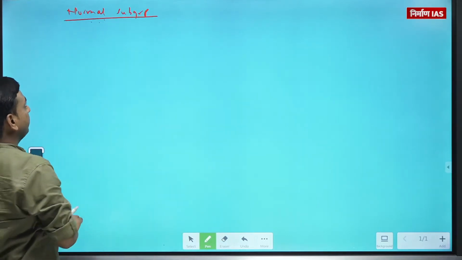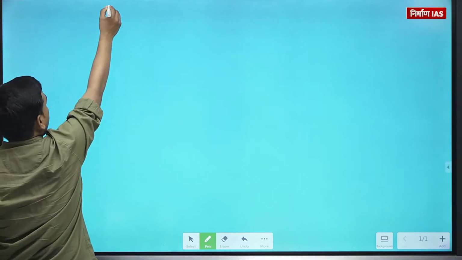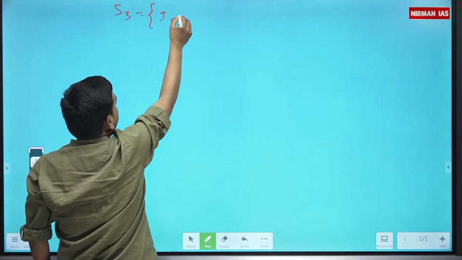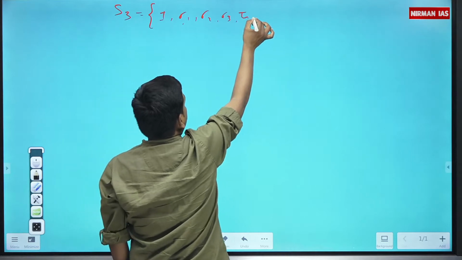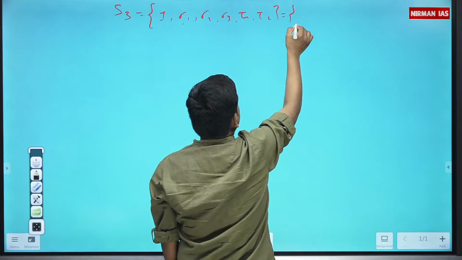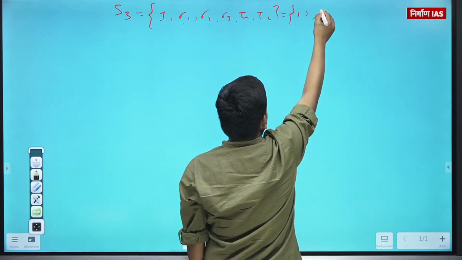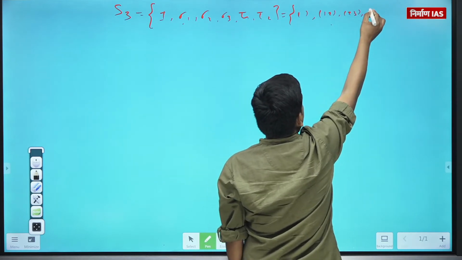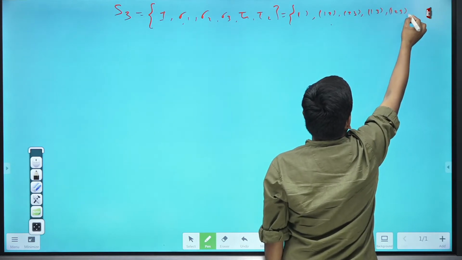Okay. So let's have a group. Our favorite: I, sigma 1, sigma 2, sigma 3, tau 1, tau 2. If you are new, I is the self-image element, 1, 2, 3.